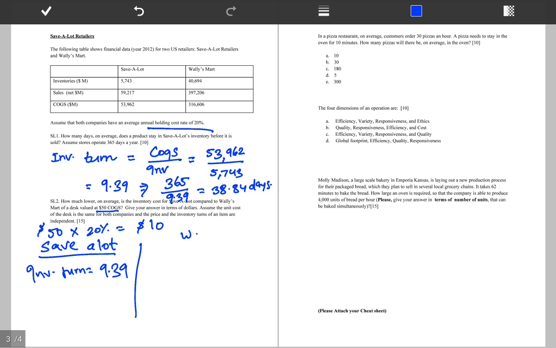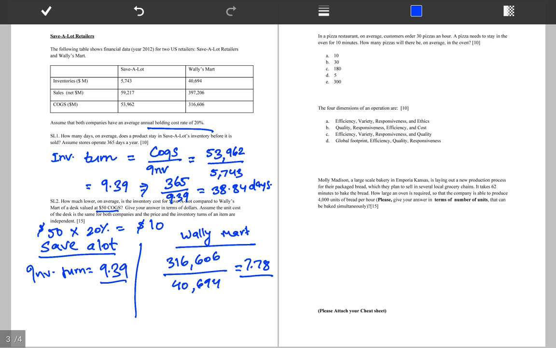Whereas for Wally's Mart, the inventory turn is 316,606 COGS divided by inventory of 40,694, which turns out to be about 7.78. Wally Mart flips the inventory 7.78 times a year, and Save a Lot flips the inventory 9.39 times.